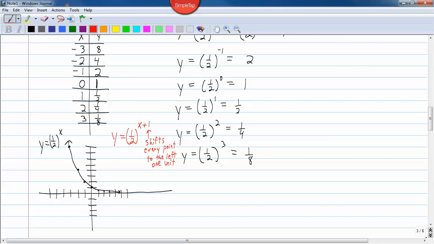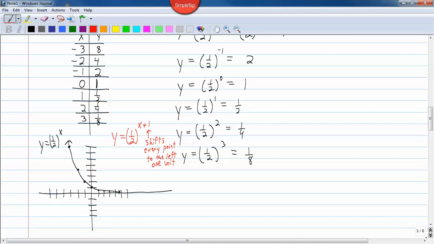Alright, just the opposite of what you would probably think. Okay? So if I was given this graph, then I could sketch this graph really quick by just shifting every point to the left 1 unit.